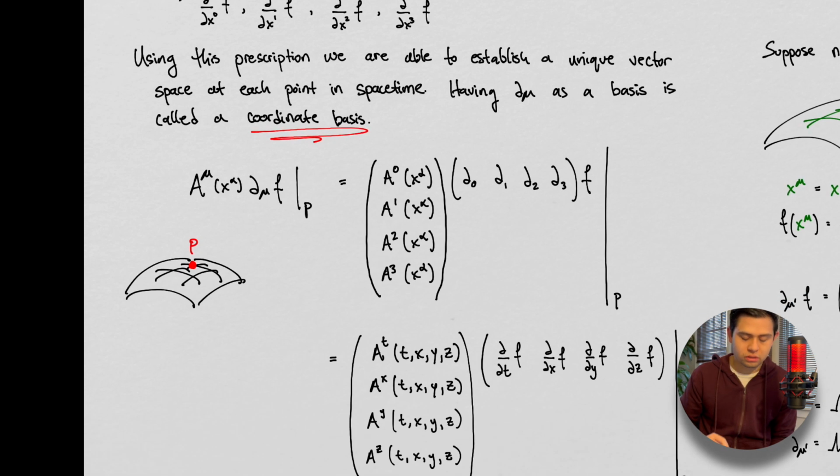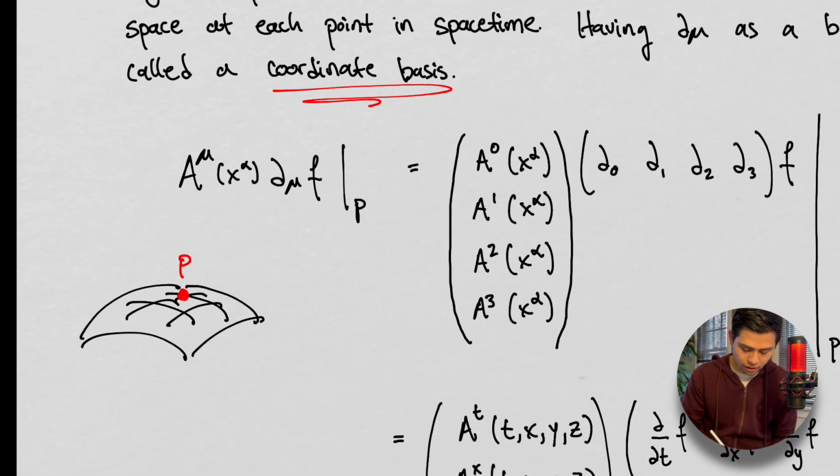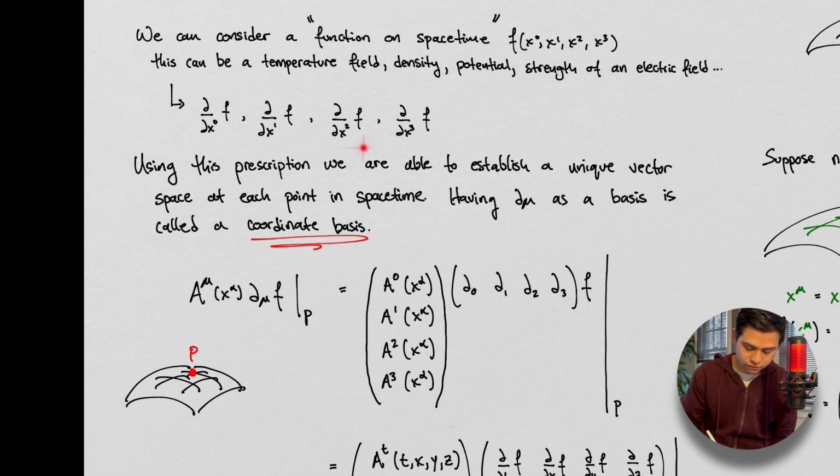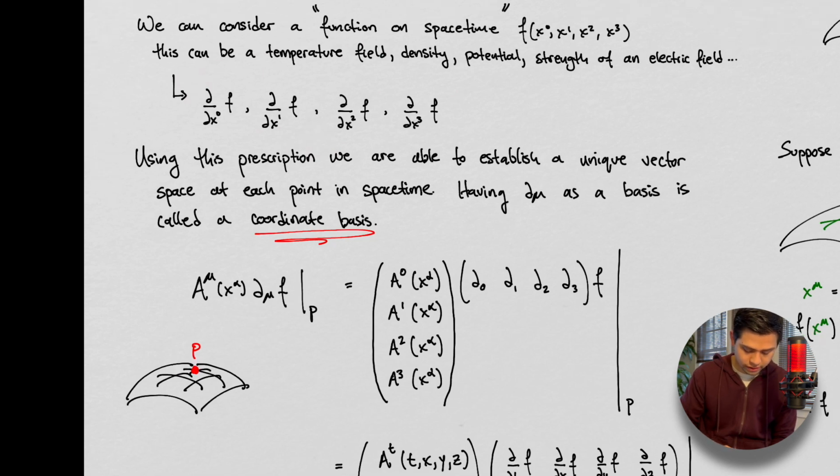We're going to call this a coordinate basis. And here's how this goes. We have d mu acting on f. This is an operator. When we operate on the function, that's going to give us expressions for all of these.